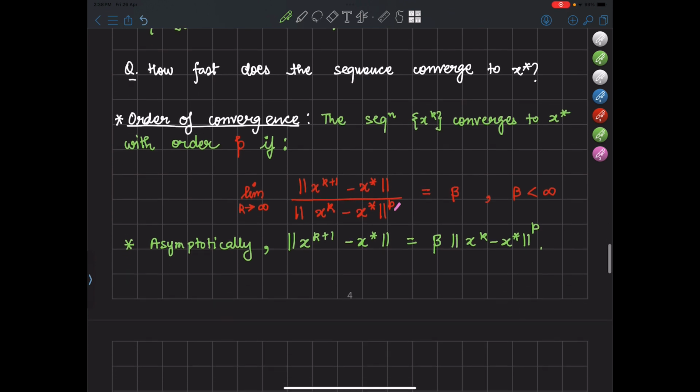Which means two things. The first thing that it means, please note that beta here is called the convergence rate.